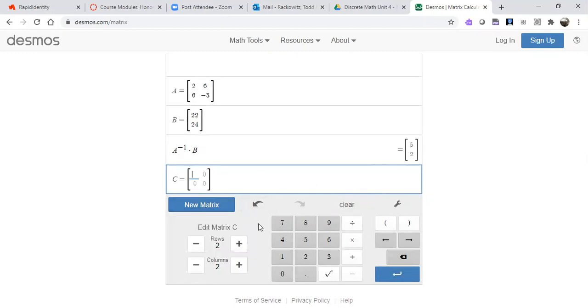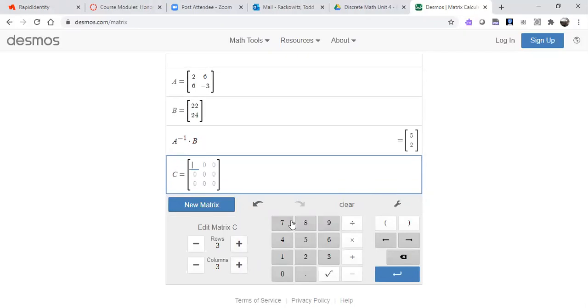So if I'm going to do that 3 by 3 of 5, -3, -6, 3, -5, and 4, -2, -1.